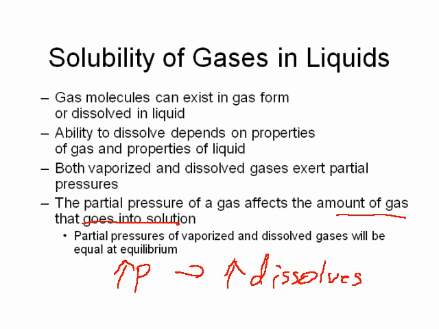Think about when you open a bottle of pop, or beer for that matter, if you're over age, hopefully. As soon as you change the pressure in that bottle, the gas that had been dissolved in the liquid now comes out. Because when you take the cap off, you've reduced the pressure, which means you reduce the amount that will dissolve, so the gas escapes.